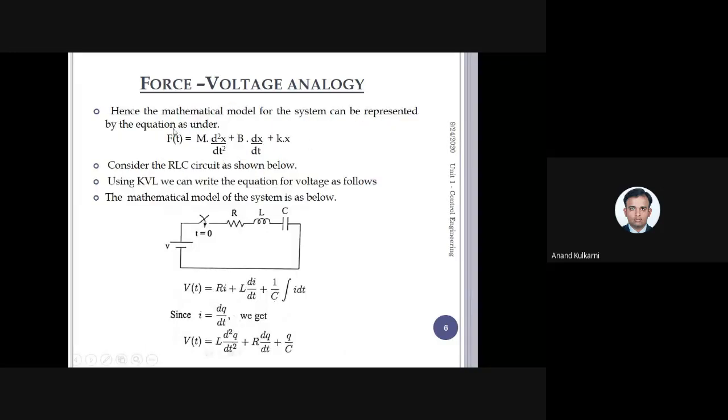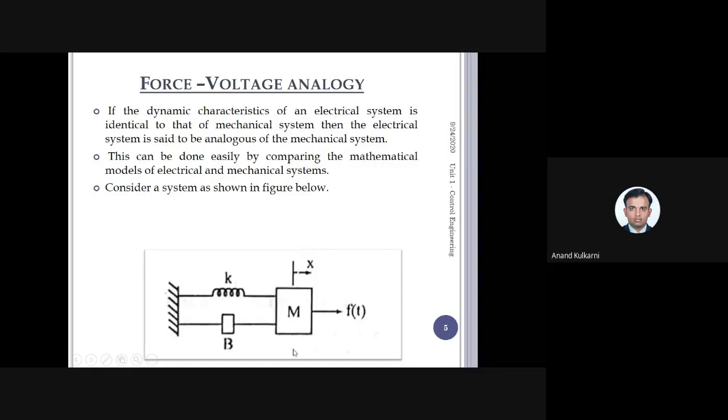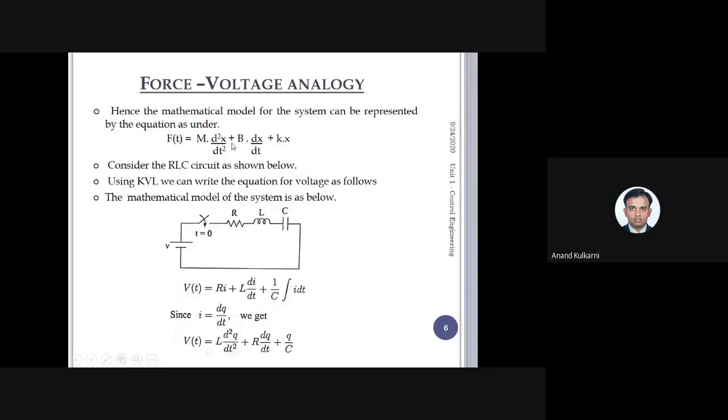That is the reason why, for the previous example, we had written a differential equation for the mechanical system. Similarly, for the electrical system, we had written a differential equation and we got this. Remember one thing: in force voltage analogy, the components should always be written in series. Why is this important? When we solve the problem, we'll understand.